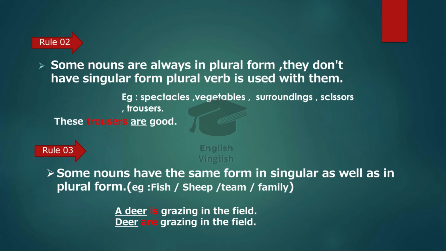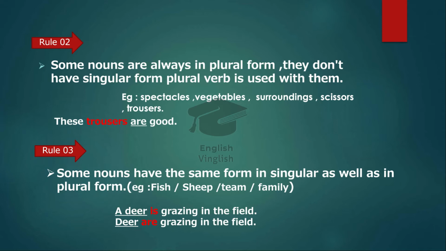Third rule. Some nouns have the same form in singular as well as in plural form. For examples, fish, deer, sheep, team, family, etc. For example, a deer is grazing in the field.